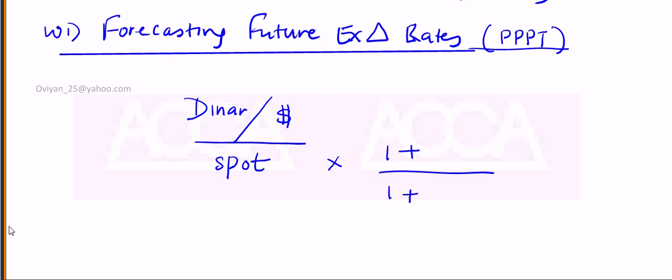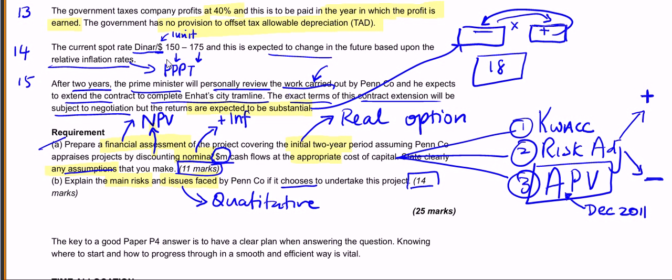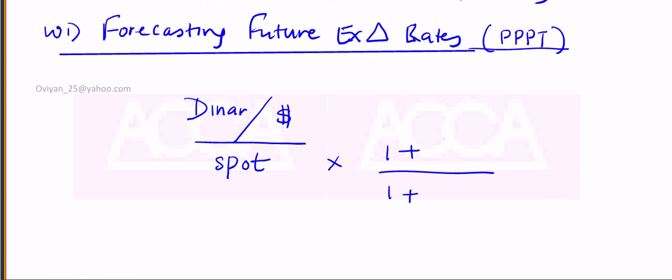Now we're going to forecast future spot rates. Looking at paragraph 14, dinar is in front, the base is the dollar. So if that is the case, you're going to have the inflation here.